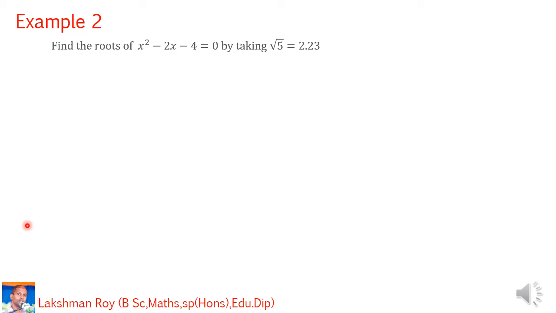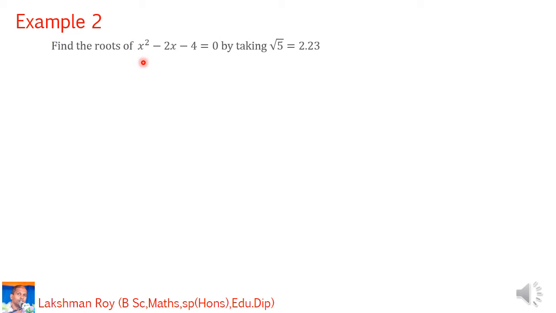The earlier example has integer solutions, but this equation does not have integer solutions, so this quadratic equation can't be factorized, right? So we can't apply the factorize method, you have to go for the completing square method, right?